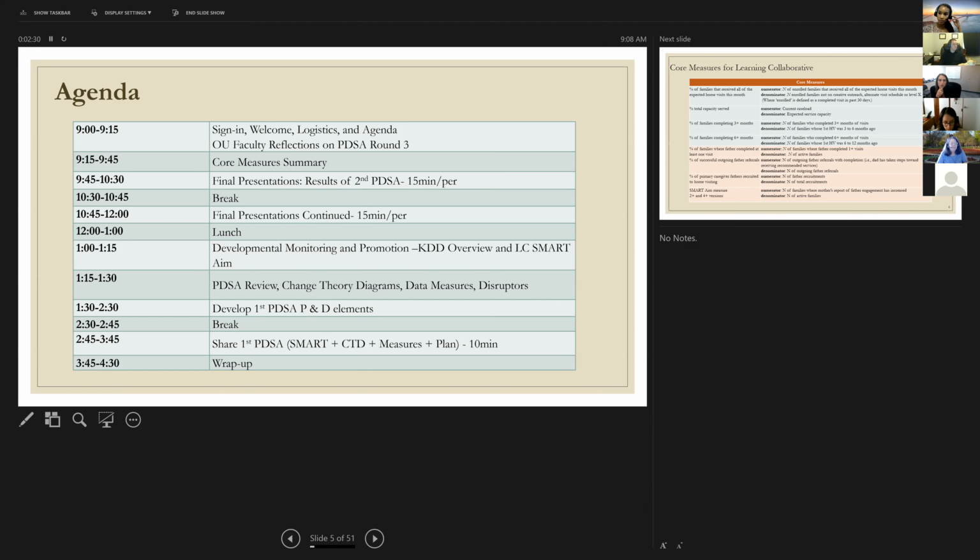When we get back, we'll switch to developmental monitoring and promotion. So we'll be finalizing our work with father engagement and moving on to child development. We'll spend a little bit of time talking through some of the topics related to the key drivers diagram, the SMART aim that we have for the Learning Collaborative, and review PDSA and the whole process and what we're aiming to look at for this round.